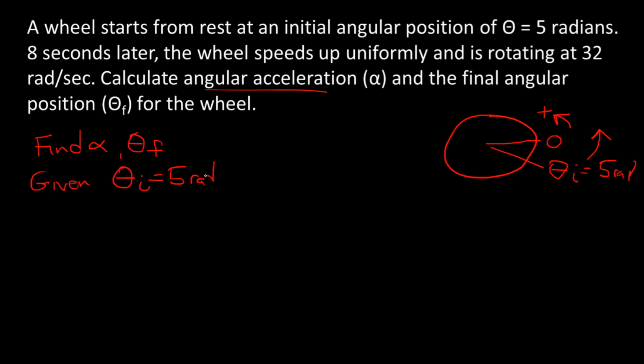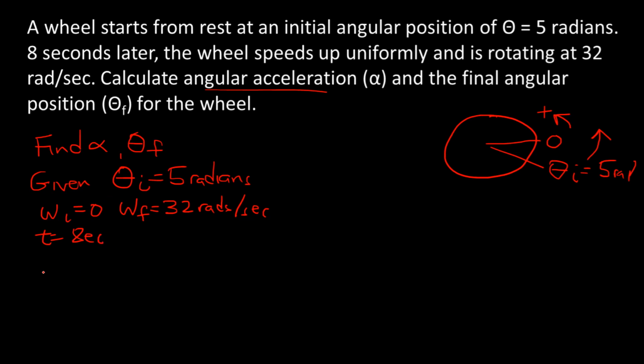Radians you probably know is unitless, but I'll put radians just so we know we're talking about radians. We have an initial velocity equal to 0. We have a final velocity equal to 32 radians per second. And what else do we have? We have t equal to 8 seconds.